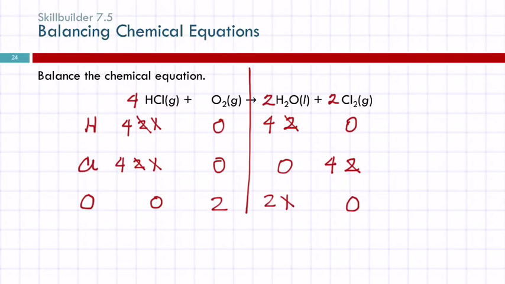If it seems to be going badly, you're like, I'm not getting anywhere. After you check your chemical formulas, start over in a different place. So, I went about this by doing hydrogen and then chlorine and then oxygen. In retrospect, that maybe was not the easiest way to do it. So if I got bogged down in here and got lost, I could just start over and start with something else. Any questions?